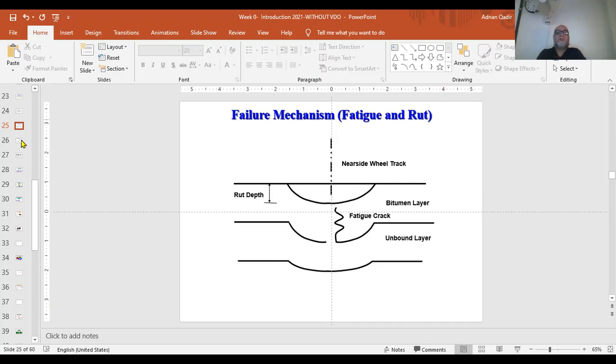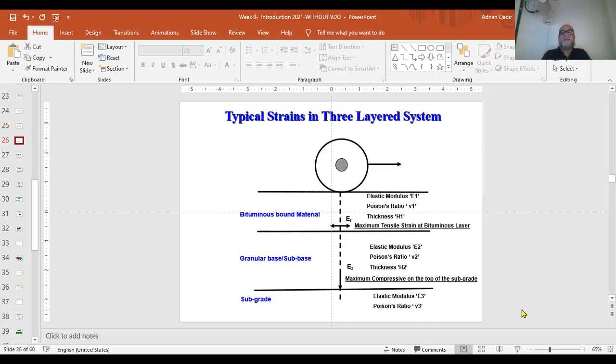So what happens is that there are strains. How do we know the pavement has damage? Whenever the load is applied, the vehicle causes strain, and strain is change in length per unit length.